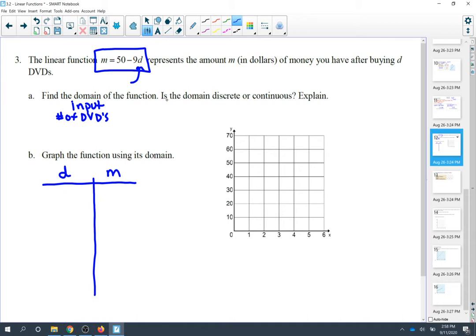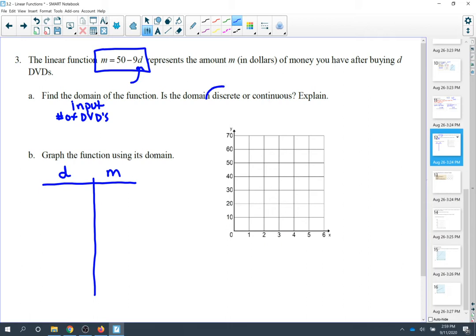Now, it wants to know, is this domain discrete or continuous? Well, think about the number of DVDs. Can you buy DVDs in whole number increments, or can you buy them in broken up pieces? Can you buy 1.5 of a DVD? The answer is no. If you walk into a store and break a DVD in half, they're going to yell at you until you buy the whole DVD.